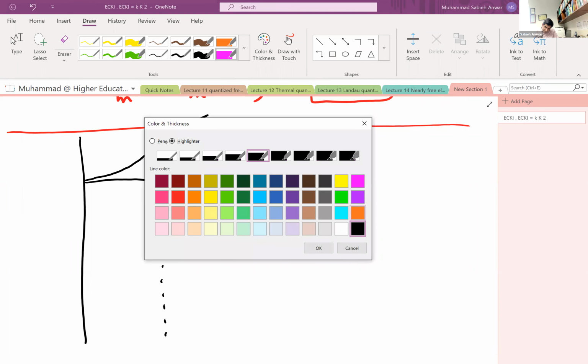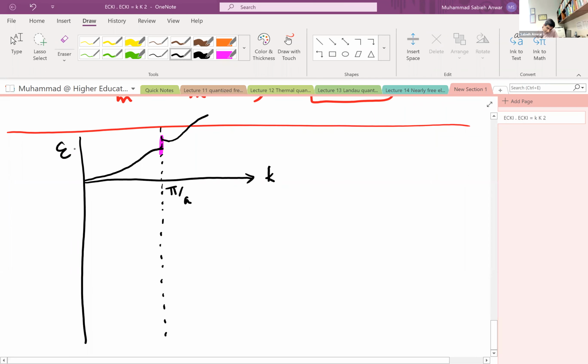This is my E. Now I take the first derivative dE by dk. I plot it graphically. So here there's a parabolic relationship, so the slope will go up as a straight line. Here the slope is 0, so the slope has to come down. And then the slope changes again.